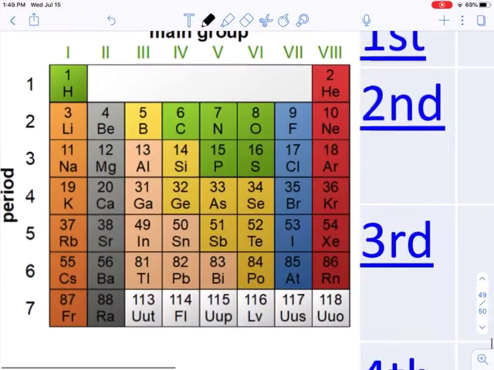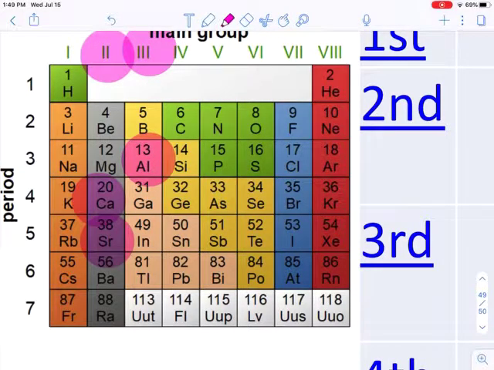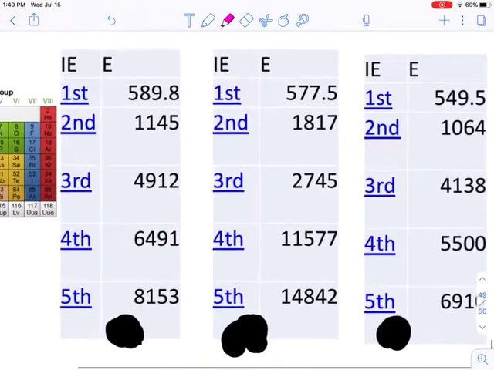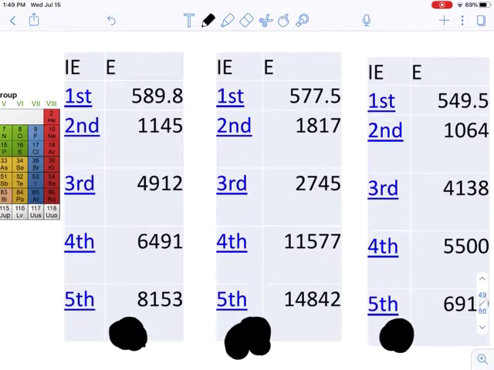Well, if we take a look at these on the periodic table, you should be able to tell that aluminum is in a 3 valence, and calcium and strontium are each at 2 valences. So let's see if we can find that. So it looks to me like there is a huge jump here between 2 and 3, so that would be a 2.